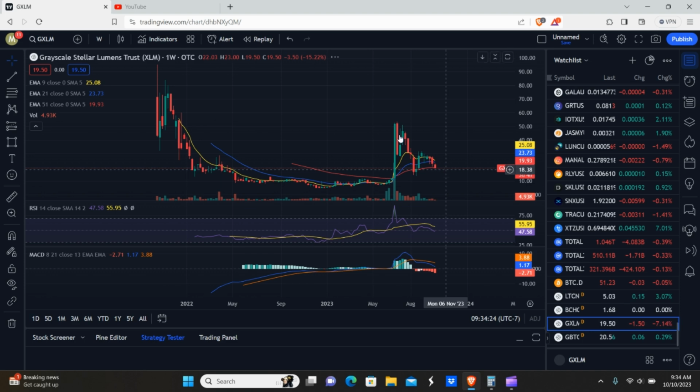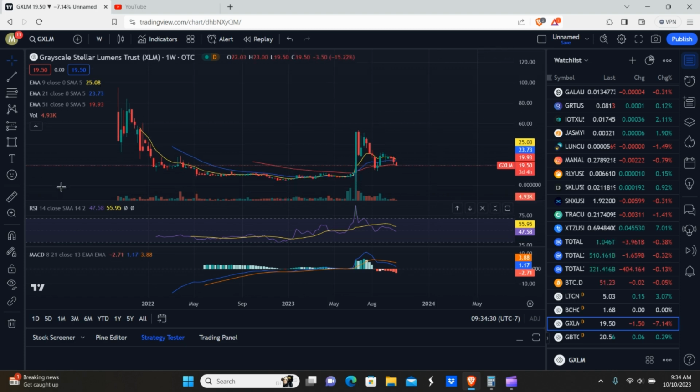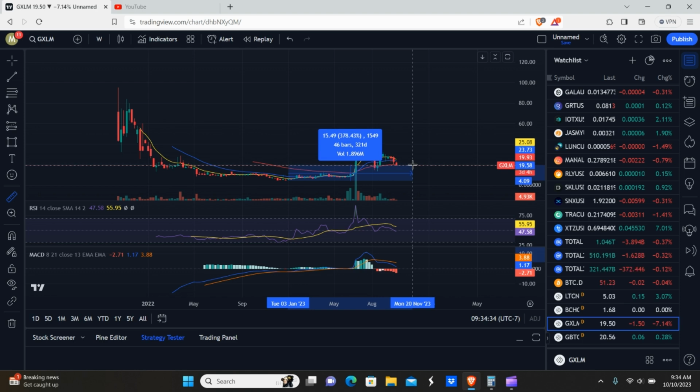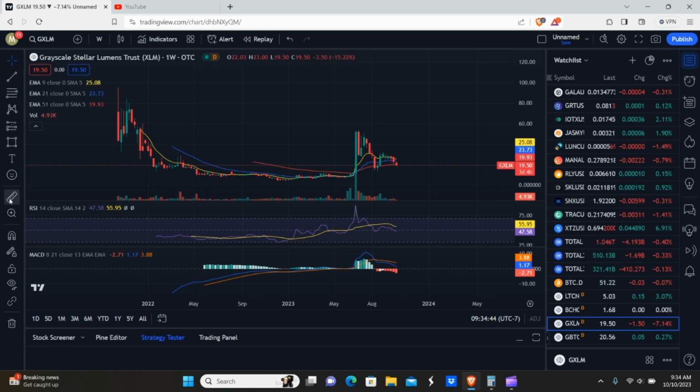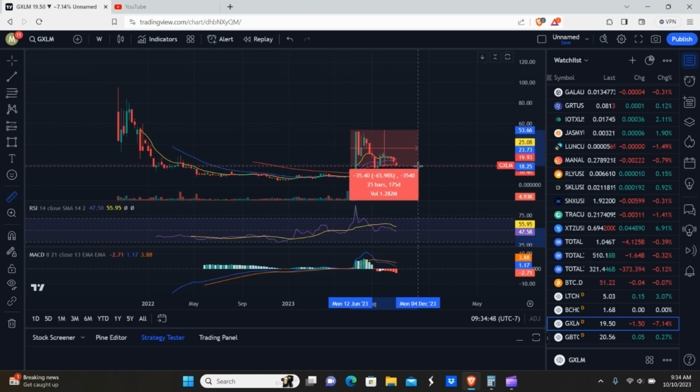But as for the price of Grayscale XLM, if we take a measured move here from the bottom, you can see that even after this drop, it's still currently up 378%, or roughly a little over 4x, maybe almost a 5x. But it's also down a lot since the previous peak.